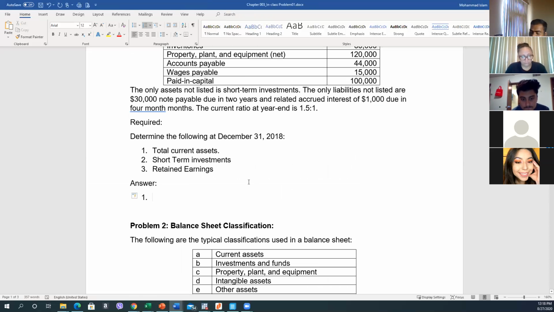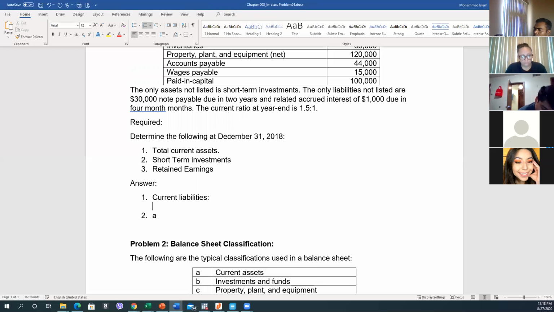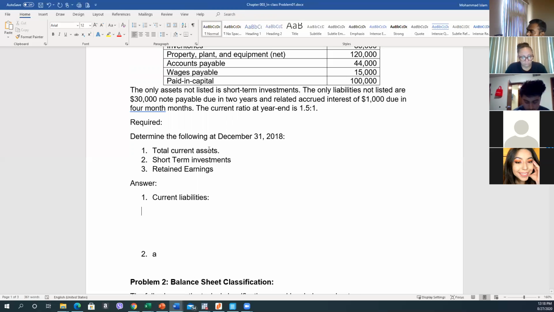Let's see what the current liabilities are: accounts payable and wages payable.